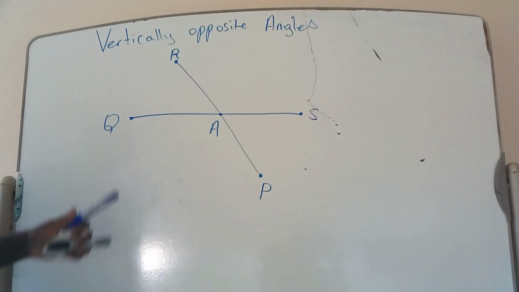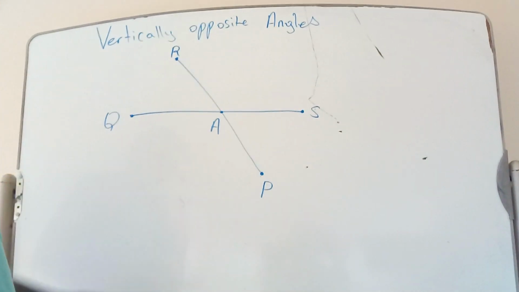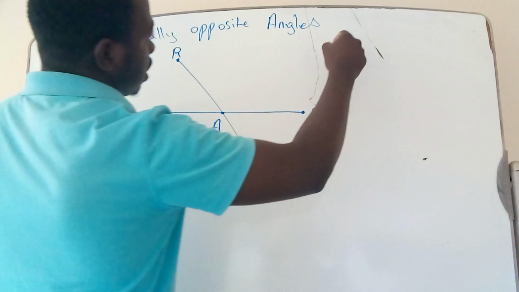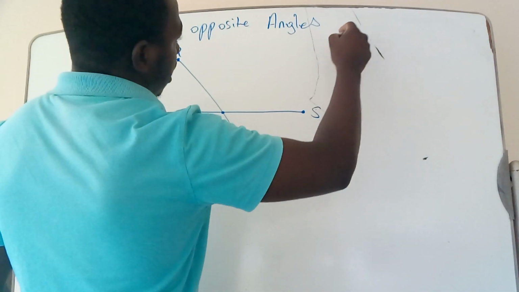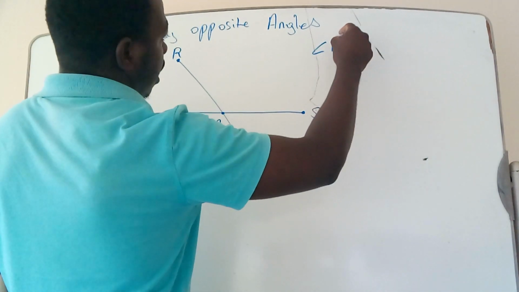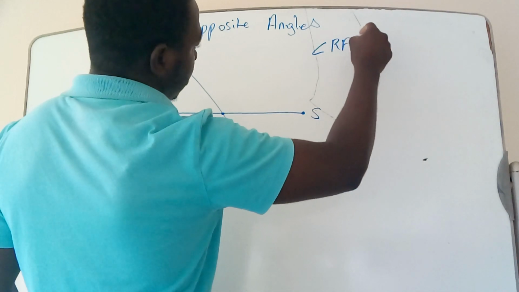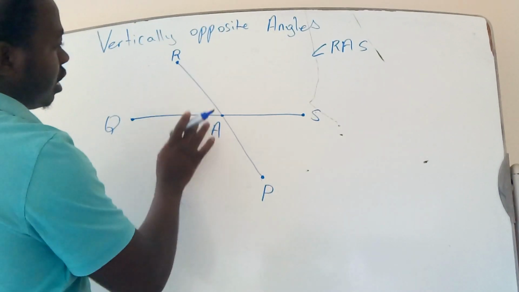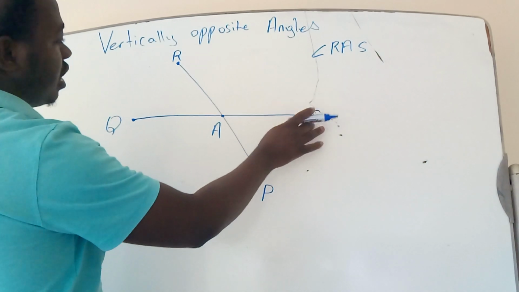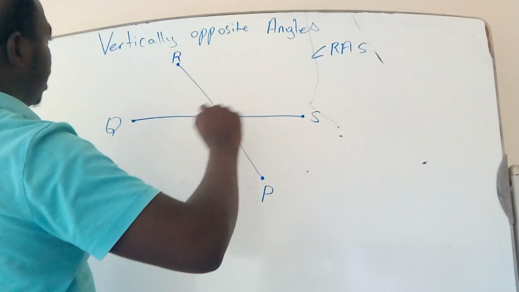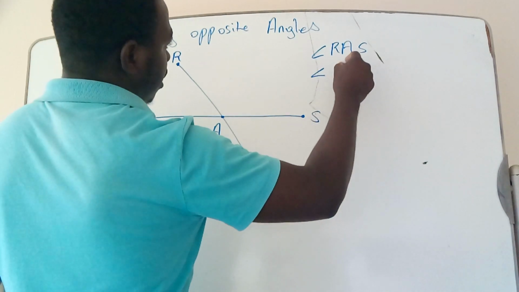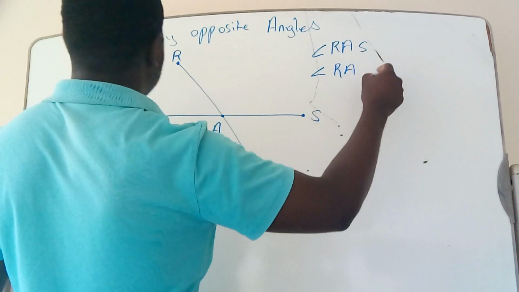Now we can use the endpoint with the vertex to name the angle. Now the first angle that is formed is angle RAS. That's one angle which is RAS. Doesn't matter if I say SAR. Another angle is angle RAQ.